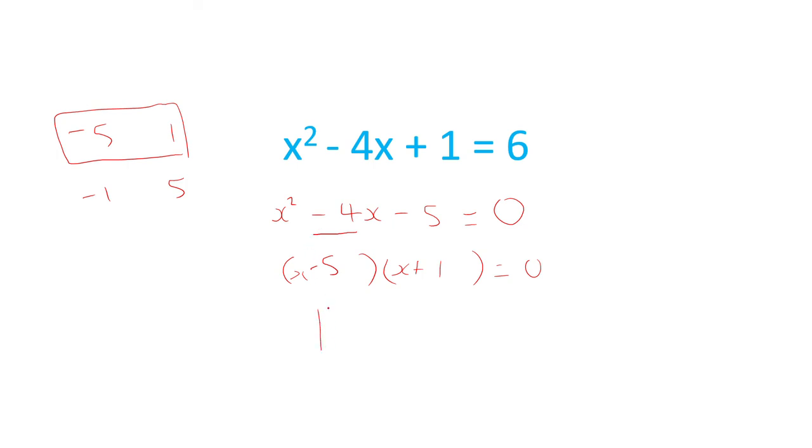So the solution for this one, x minus 5 equals 0, x equals 5. This is our first solution. Our second bracket, if x plus 1 equals 0, x will be equal to minus 1. So that's our second solution.